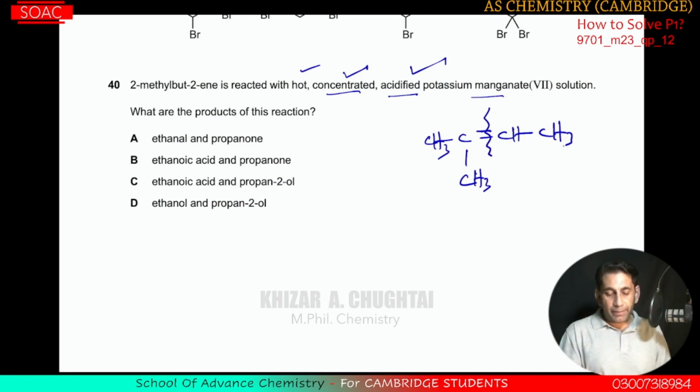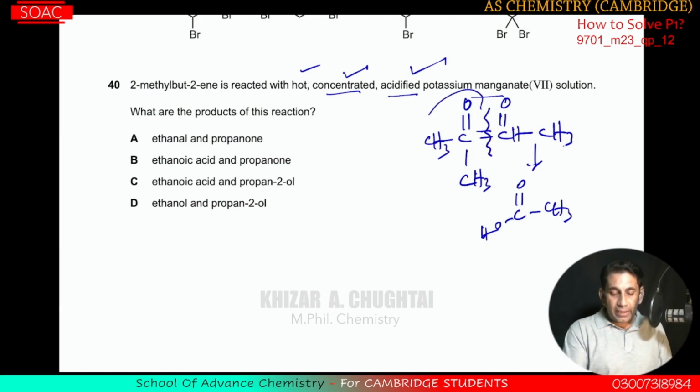The carbon-carbon double bond is broken down, and the molecule changes into two parts. One has an aldehyde, which finally changes into a carboxylic acid group. At the second carbon, where you have broken the bond, the carbon gets an oxygen, and this is the ketone.